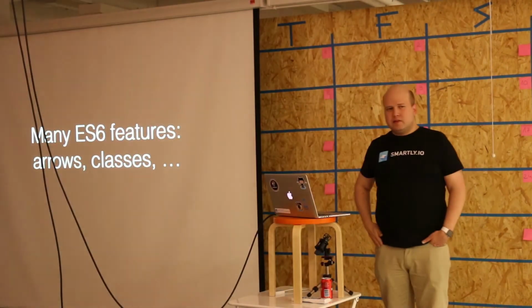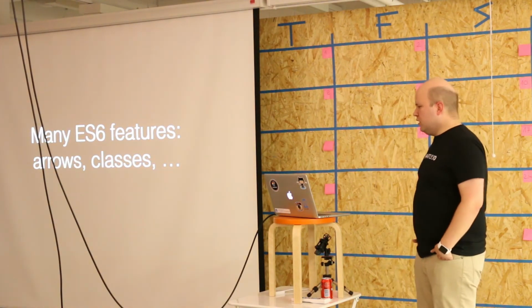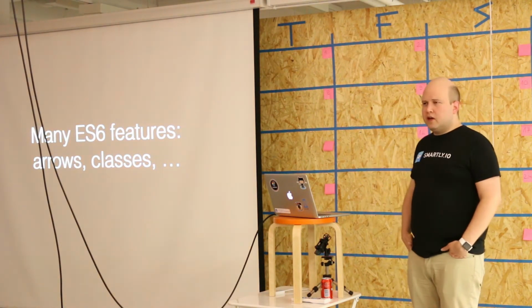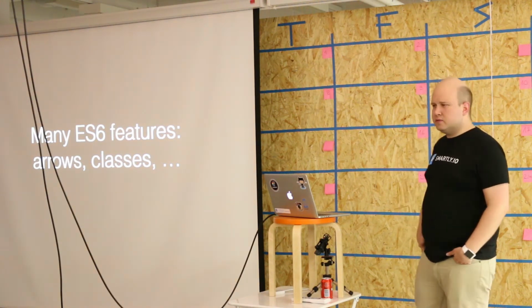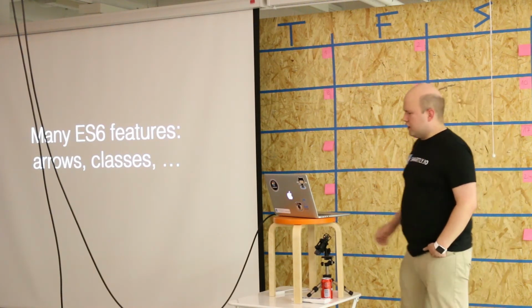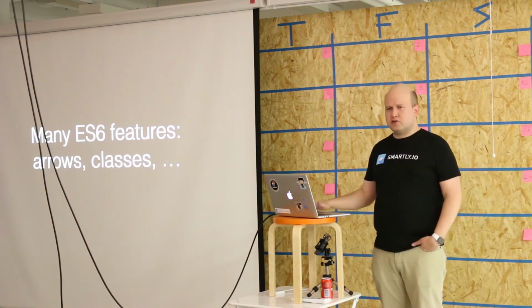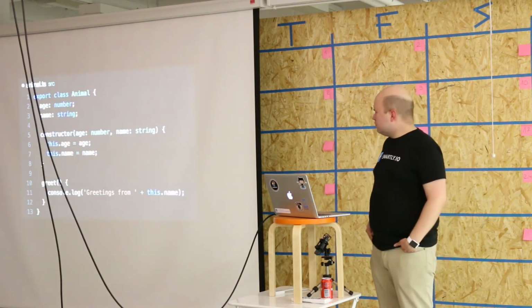The cool thing is that they are still following all of the ES6 developments. So pretty much all of the most commonly used ES6 features are already implemented in TypeScript: arrows, classes, lets, whatever. It looks pretty much as you would expect.